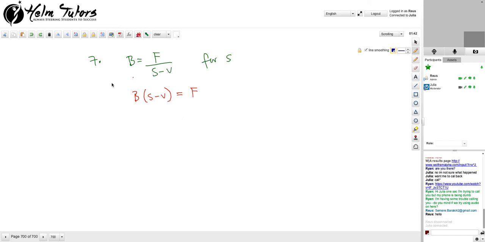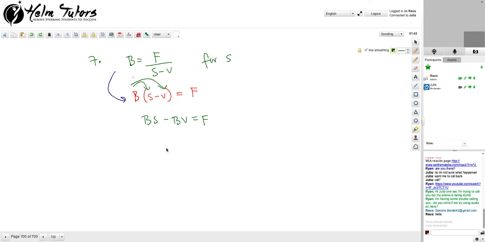This is what we get first of all, right? Yeah. And then go ahead. From there I would distribute. Yep, exactly. So distribute, and then b times (s minus v) equals f, so then I would divide everything by v.